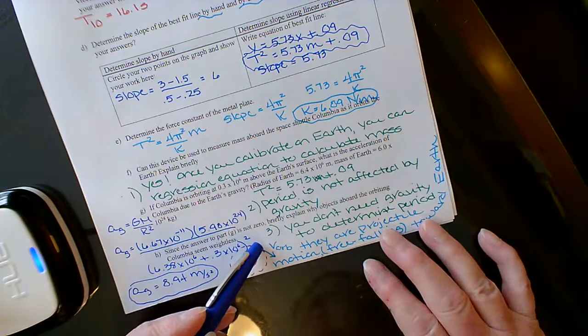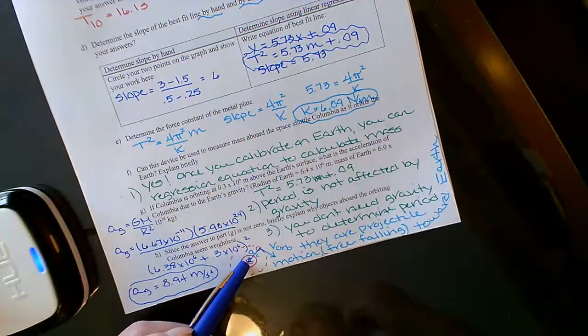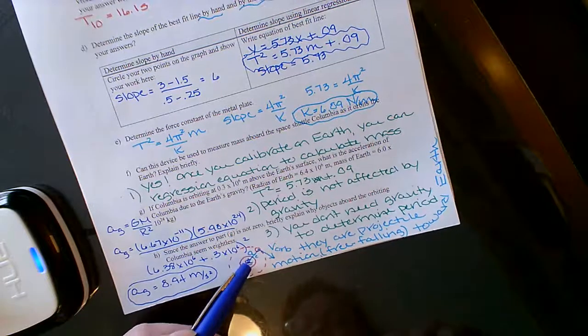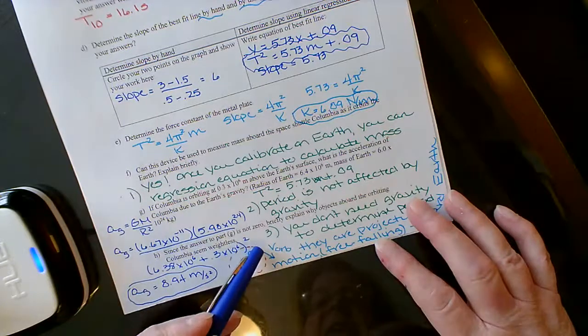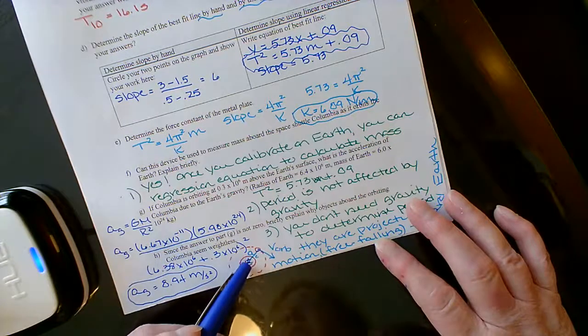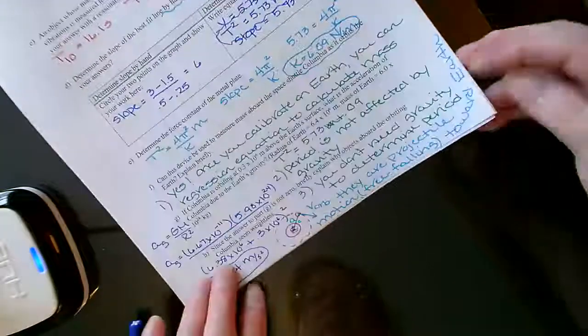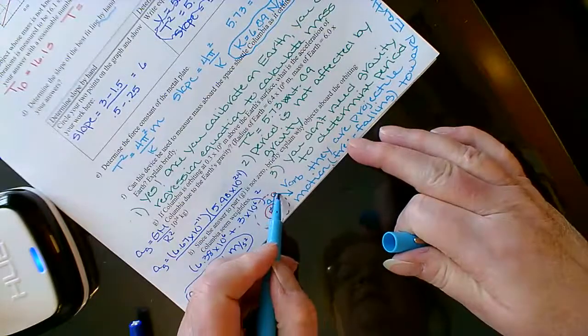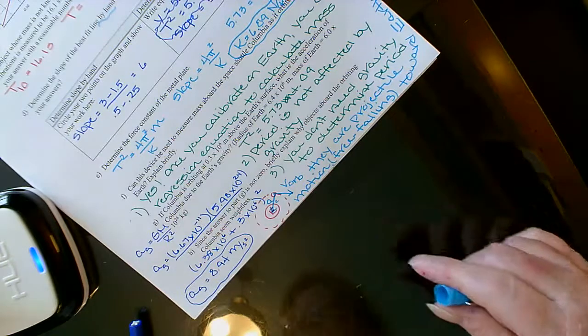Obviously, there's an acceleration pointing towards the Earth. How do I know there's an acceleration? Because there's a gravitational force, Fg, that points to the center of the Earth. And anytime you have something in a circle, there is an acceleration towards the center. It's the centripetal acceleration. And if you look at this picture, I have a velocity vector perpendicular to an acceleration vector.